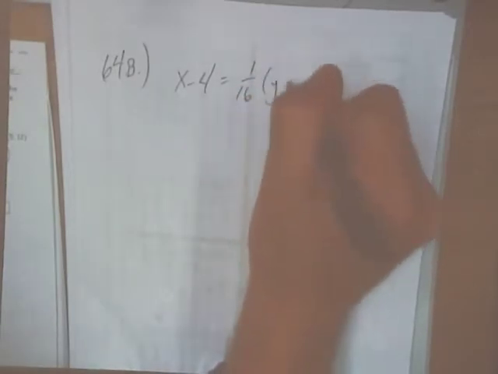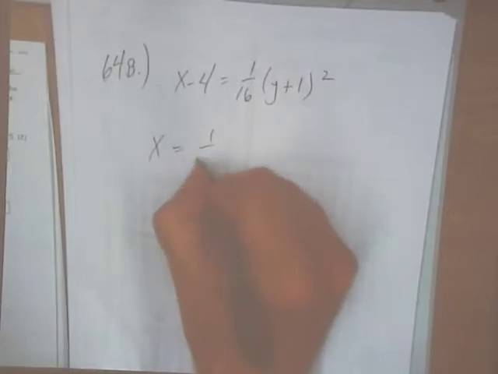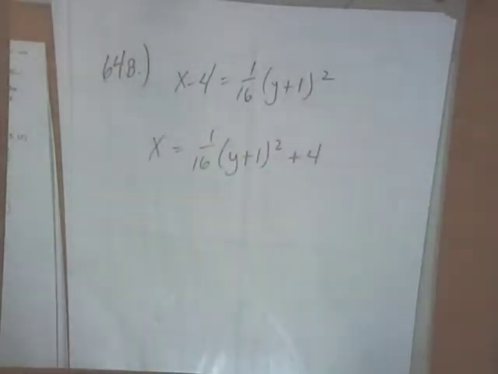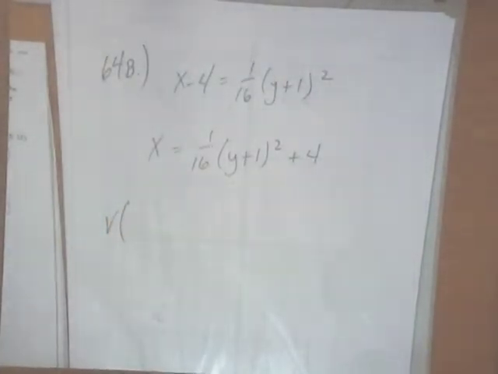All right, 64B. Okay, what's the vertex? 4, negative 1. Be careful. What is it?